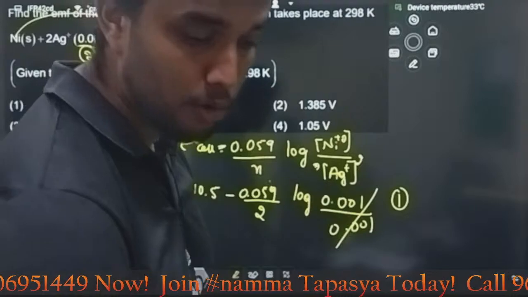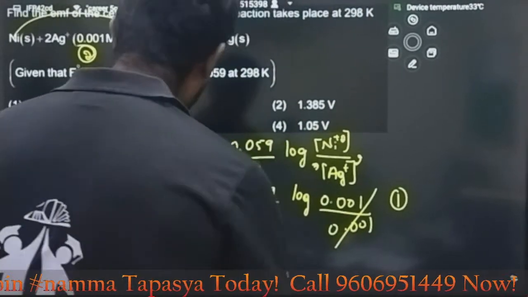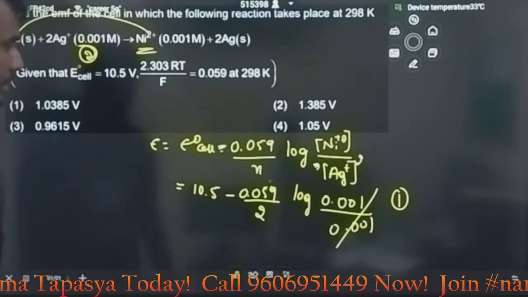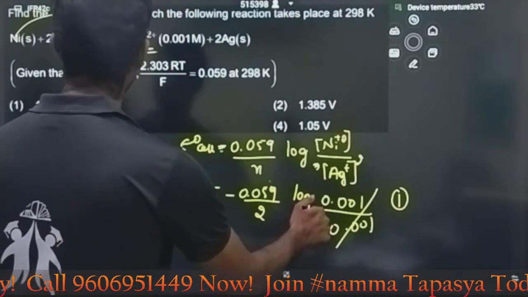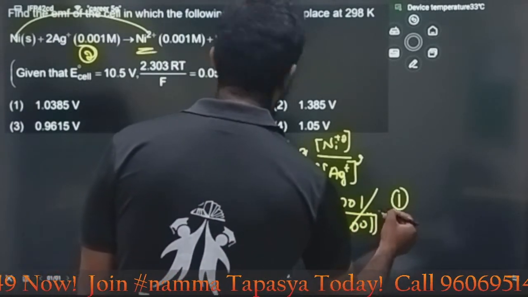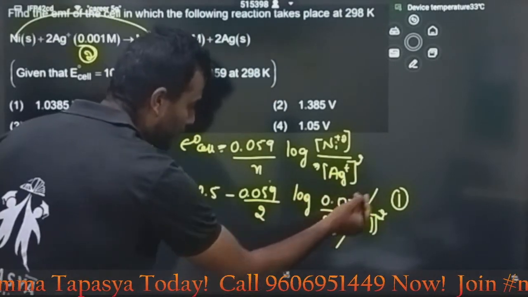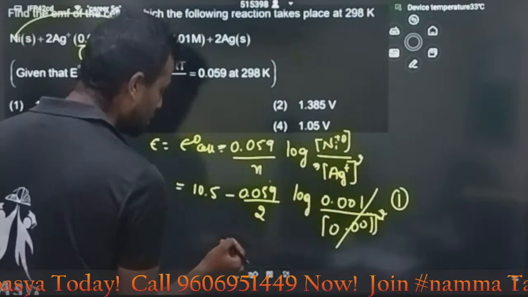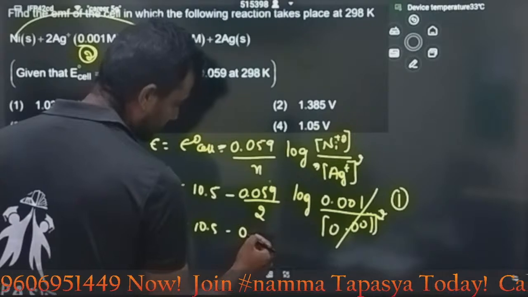If you calculate this, what will you get? You will get 10.415, my dear students. Oh my dear guys, look here. It is not 1. We need to square this one, 0.001 square. Then you will get 10 power 3. Log 10 power 3 means log 3.